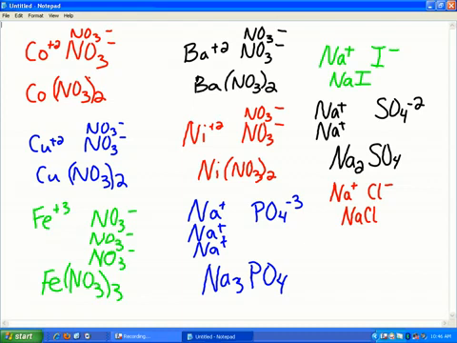Then we had sodium bicarbonate. Sodium again was a +1 charge. Bicarbonate was HCO3 negative. Those evenly cancel. So we have this as the compound formula, NaHCO3.